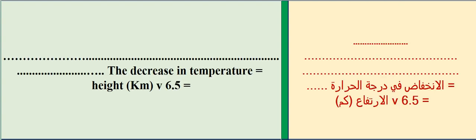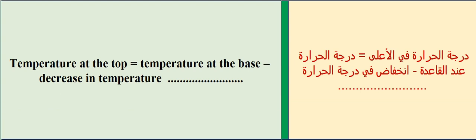Decrease in temperature equals height in km times 6.5, which equals 57.6. Temperature at the top equals temperature at the base minus the decrease in temperature.